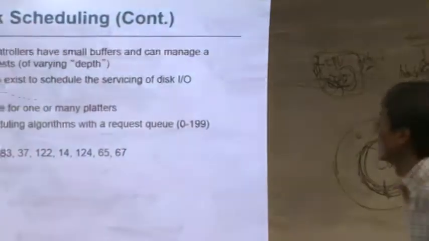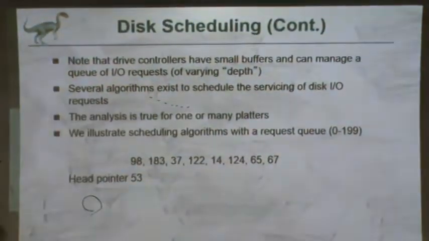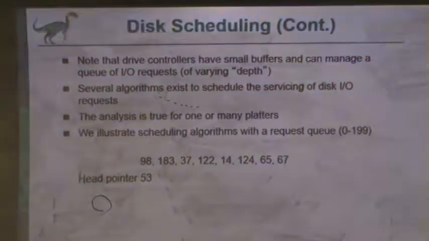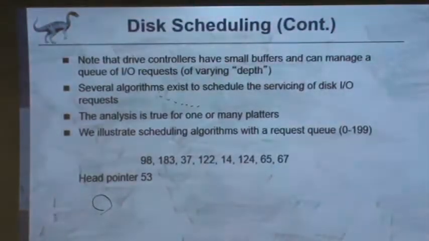For example, let's say that we have 200 cylinders in the request queue.